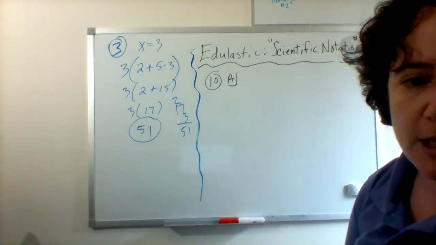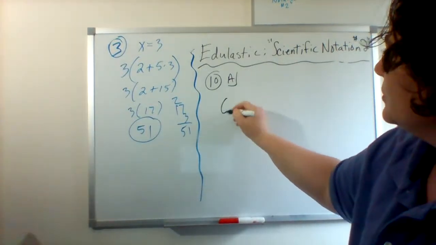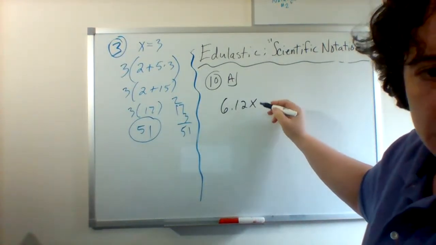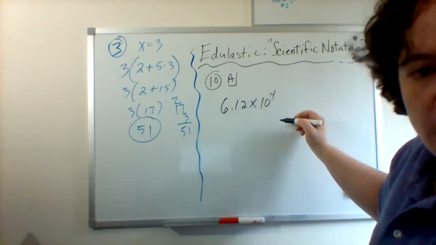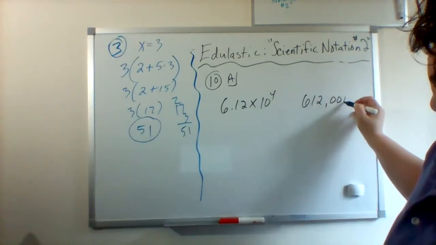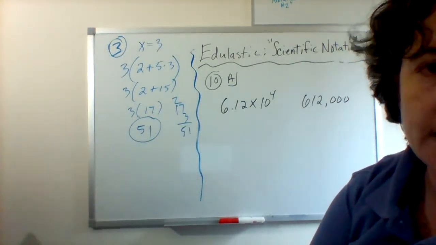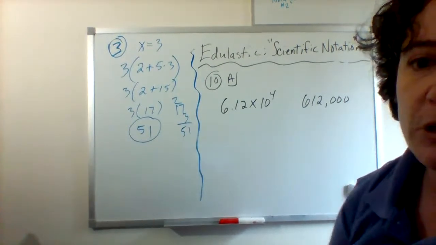Greater than, less than, equal to, or none of them? We have 6.12 times 10 to the 4th, and we're supposed to compare it to 612,000. Okay, so let's compare them. Is it greater than, less than, equal to, or none of them?